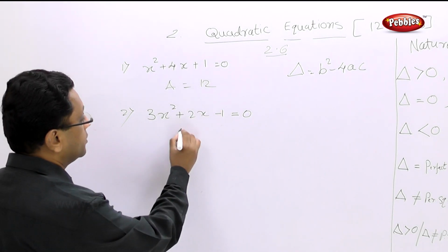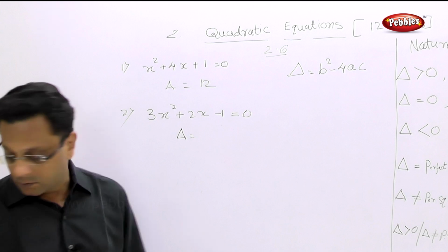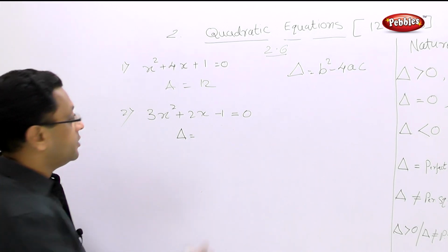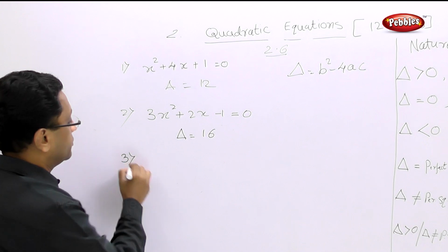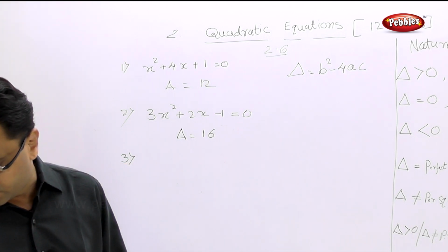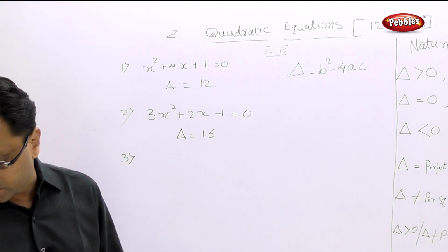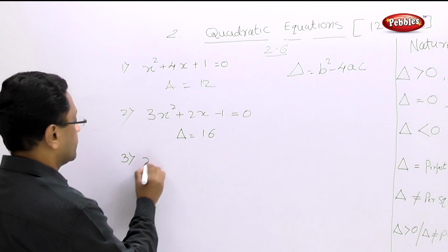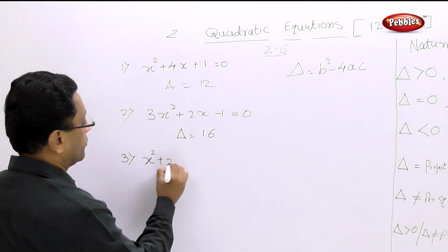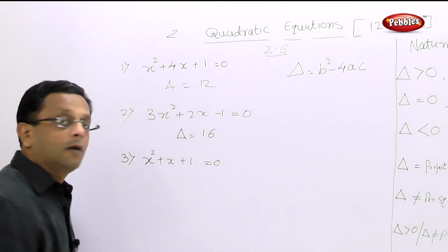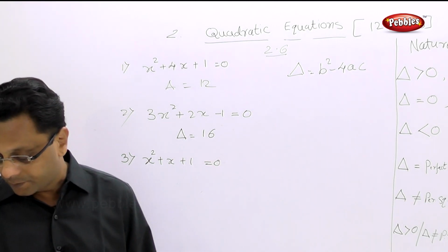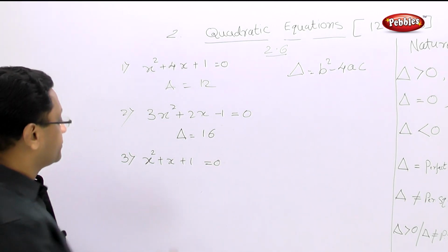Delta is 16. Third example is x square plus x plus 1. Delta is minus 3.